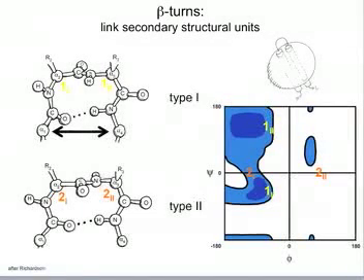So we link secondary structural units via these beta turns, and don't worry so much about the details, but do remember that we're going to have to abruptly change directions, and we already saw that glycines prefer beta turns over either alpha structures or beta strand structures, and it's easy to see why you'd place glycines in beta turns, right? Again, we have to find configurations that might otherwise fall into disallowed phi-psi regions.